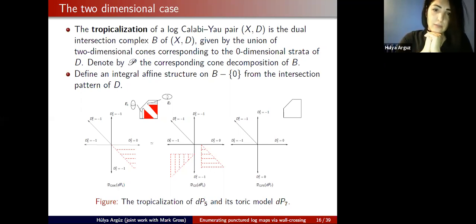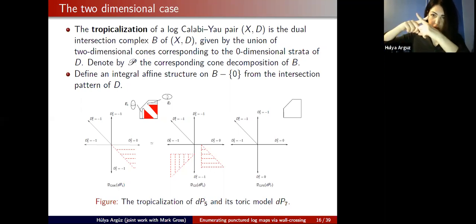If you look at how dP5 is obtained, if you take a configuration of 6 lines, 2 parallel like this and 2 like this, and you blow up 4 points, you end up with 10 minus 1 curves, 6 from the strict transforms of the 6 lines and 4 exceptional divisors, and 5 of them are formed by strict transforms of the boundary of dP7, and each of them is a -1 curve.